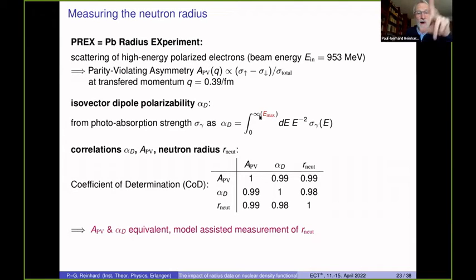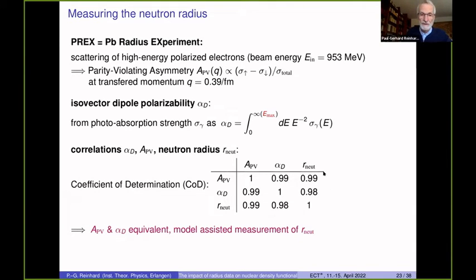So why are these measurements of the neutron radius? Well, here I look at a statistical analysis and evaluate with many models, by the way, to be sure, the coefficient of determination, the correlation between the parity violating asymmetry, the polarizability, and the neutron radius.